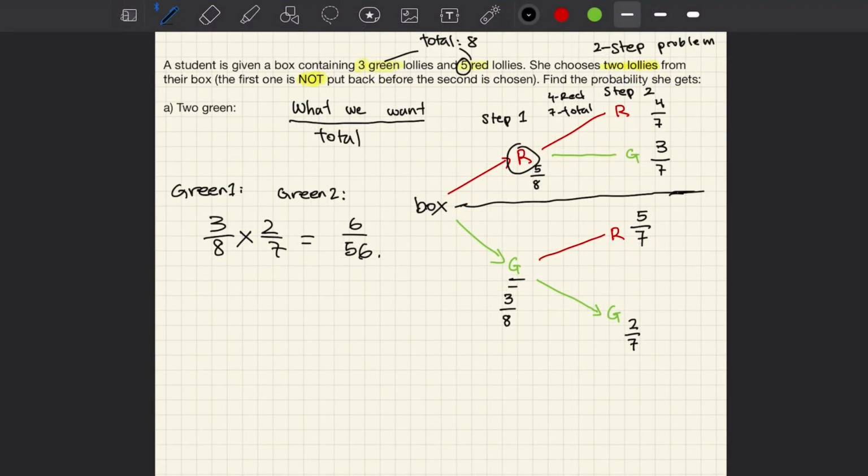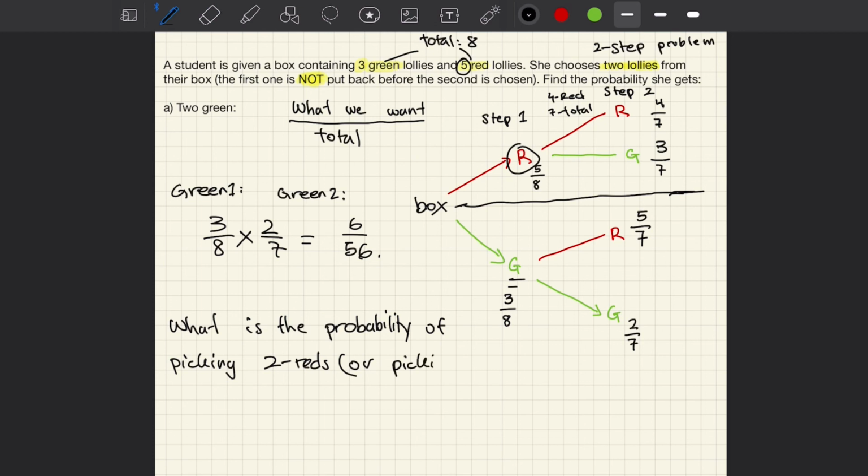Now that we have that, I think I'll leave you with a couple of questions. So what is the probability of picking two reds, or conversely, no greens?